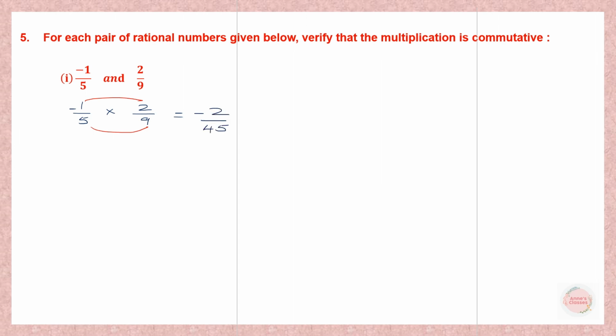Now let's change the order. Instead of minus 1 by 5 into 2 by 9, it will be 2 by 9 into minus 1 by 5. Again, multiply the numerators. 2 into minus 1 is minus 2. 9 5s are 45. So can you see the answer? When you multiplied it one way, it is minus 2 by 45. When you change the order and multiply it also, it is minus 2 by 45.